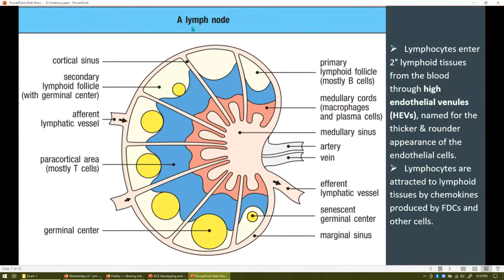Janeway has a really nice figure showing a lymph node. Now, normally, when there's not an infection, the little lobules that make up the lymph node do not contain these yellow circles. Okay, so they don't have follicles, or they don't have germinal centers.